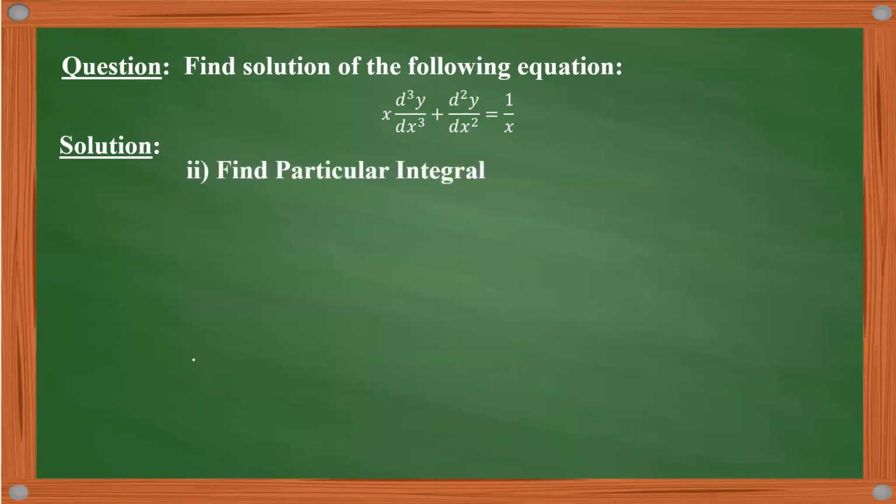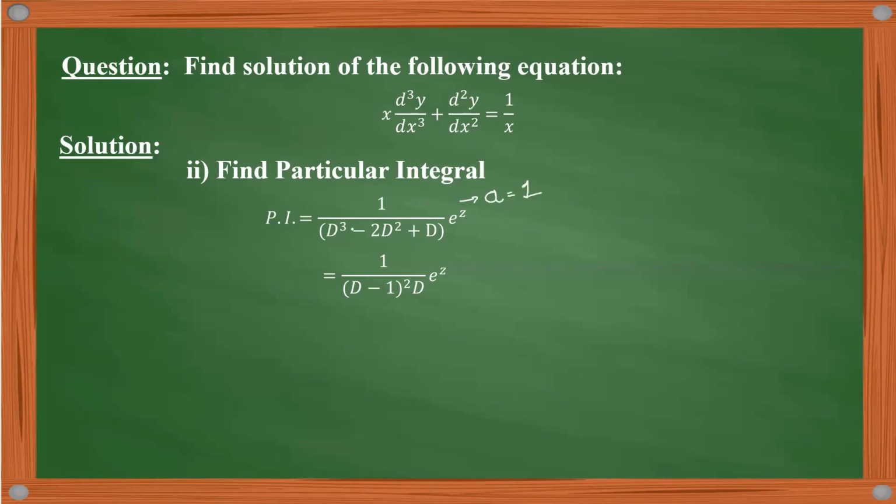Now in the second part, we have to find a particular integral or the particular solution. So we will use the general method, that is 1 upon f(D) into Q(x). Our Q(x) in this case is e raised to z. Now in case of e power z, we will replace d by a, and here the value of a is equal to 1.